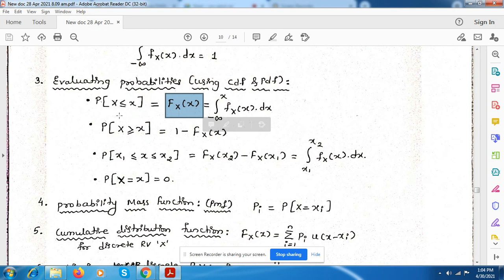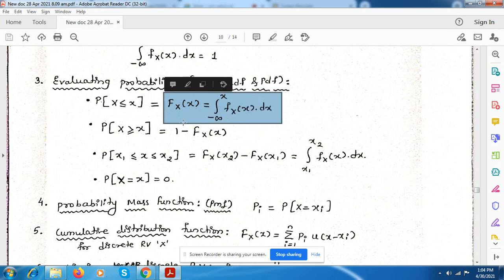So this probability value is equal to the CDF. In terms of PDF, we can write it as the integration from minus infinity to x of f x of x into dx, because CDF is nothing but the integration of PDF.